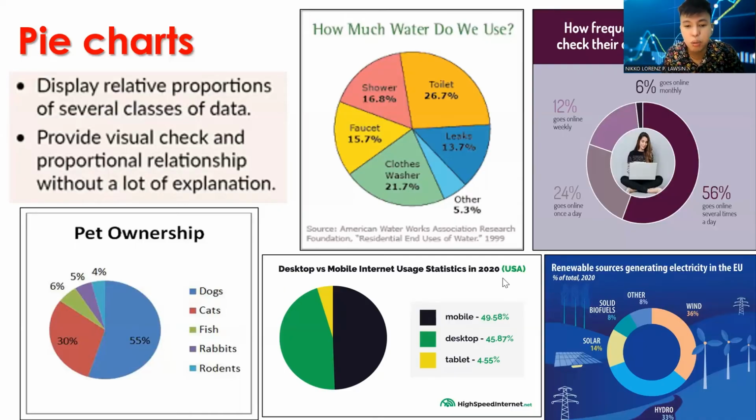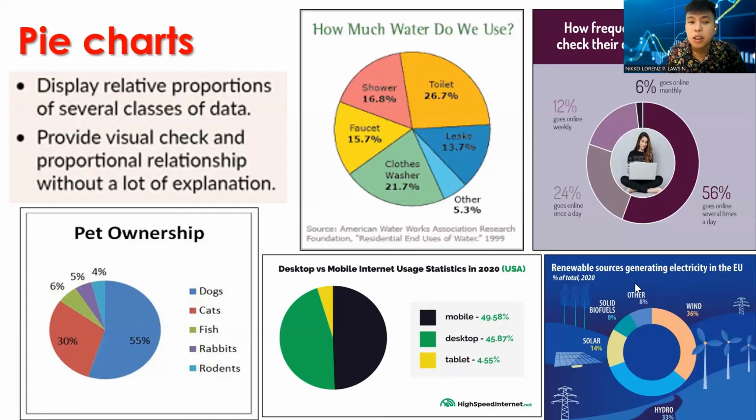The fourth illustration compares the internet usage of the USA in 2020 between desktop and mobile computer, mobile data. The highest is mobile data, to be followed by desktop usage.